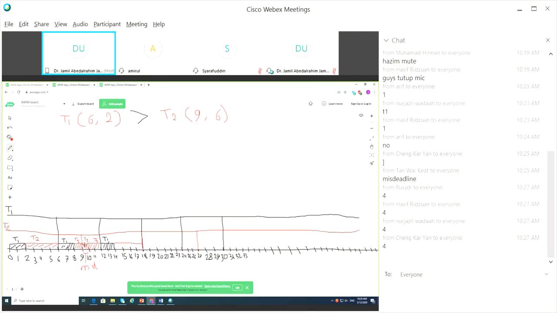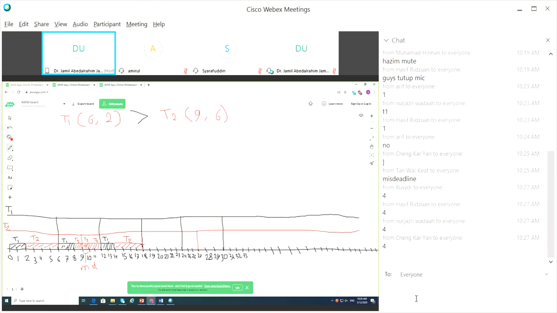So if we count how many units are task 2, 1, 2, 3, 4, 5, 6, 7. Why 7, since the total is 6? Because we have this line. The first unit, this one, should be the first interval. So we count from here 1, 2, 3, 4, 5, 6. Okay, this is for task 2.